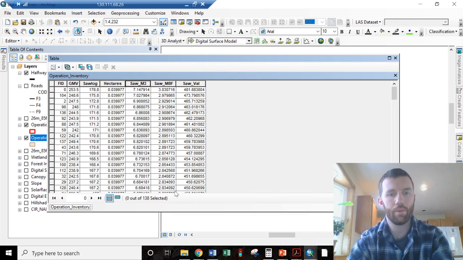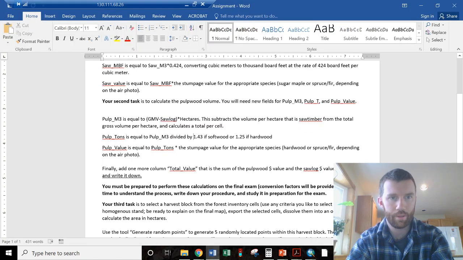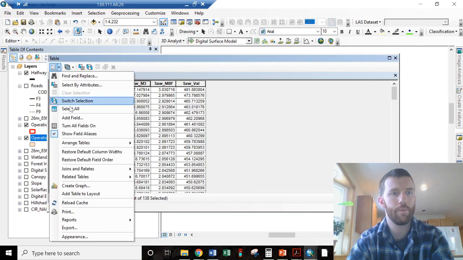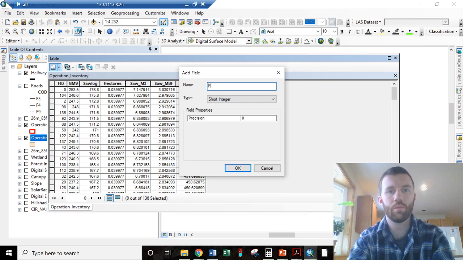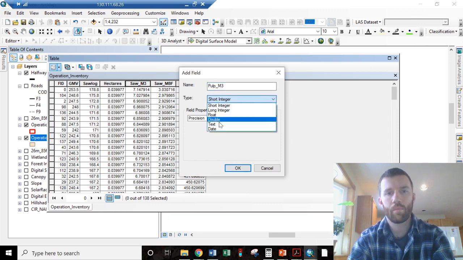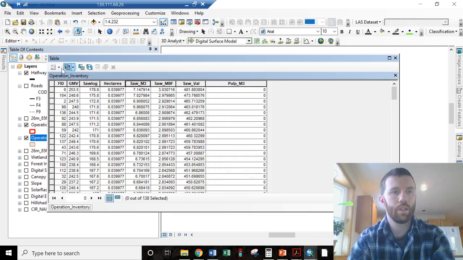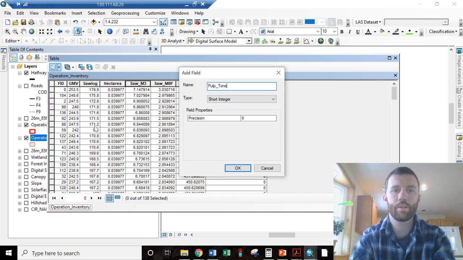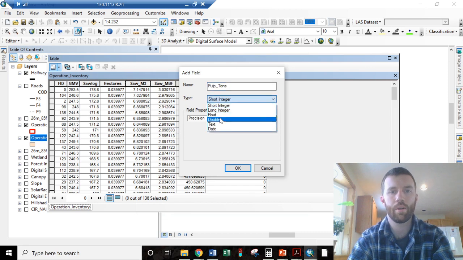All right, so now new fields, and that's pulp cubic meters, pulp tons, and pulp value. So let's add the first new field, pulp M3, and that's double. Add another one, pulp tons, that is also double.